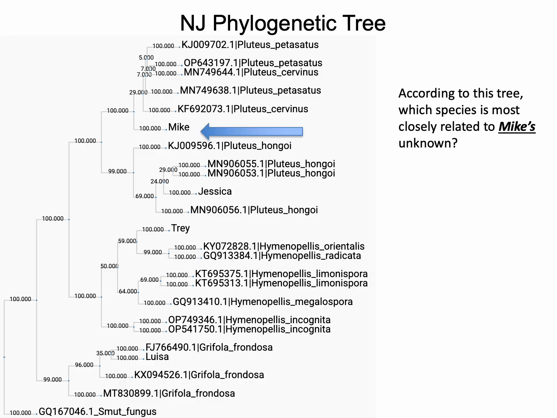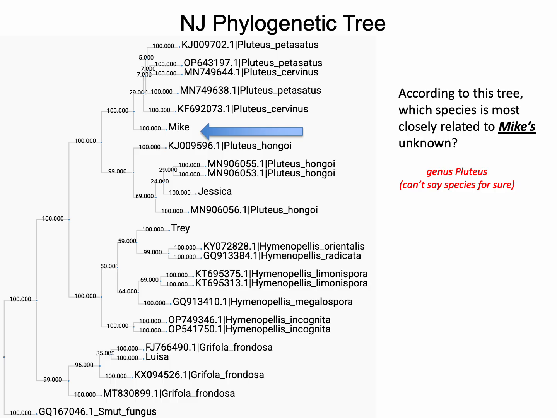So according to this neighbor joining tree, which species is most closely related to Mike's unknown? Go ahead and hit pause until you know the answer. If you said the genus Pluteus, you'd be correct. We can't say the species for sure. That's because Mike's sample is sort of an outgroup to the Pluteus pedicetus and Pluteus cervinus clade, and it's equally related to each of those different species.